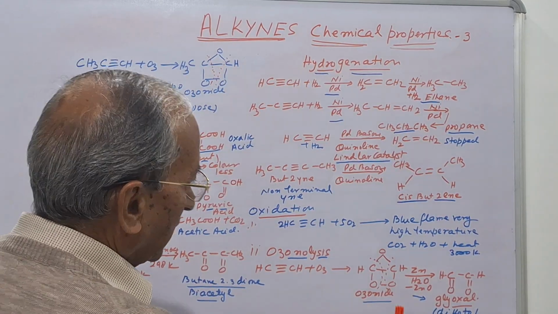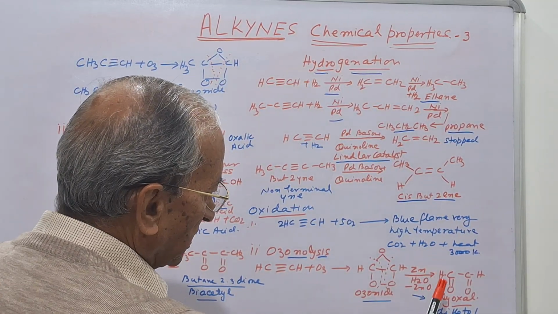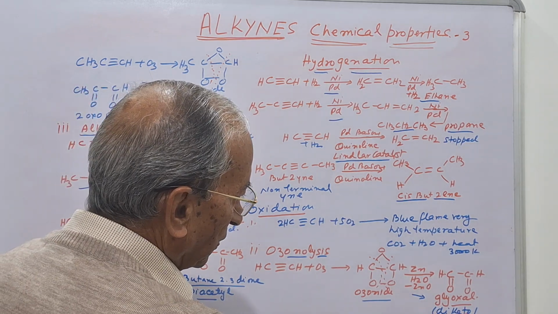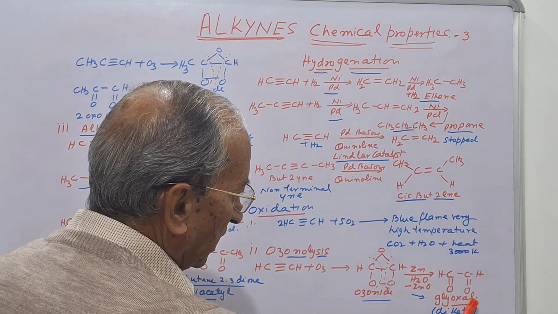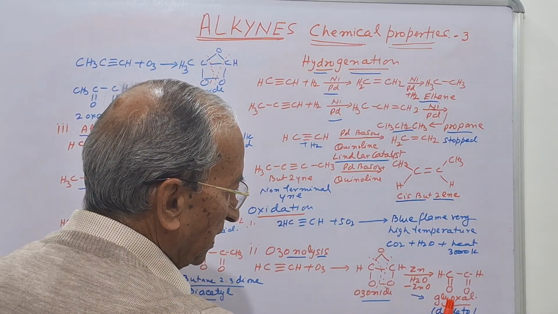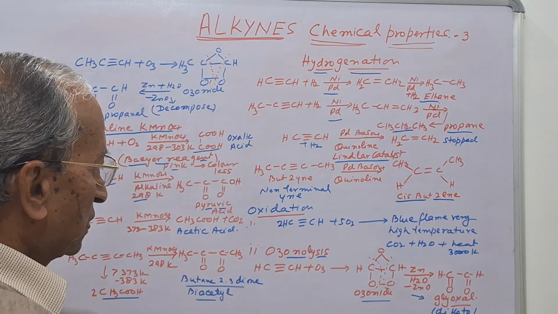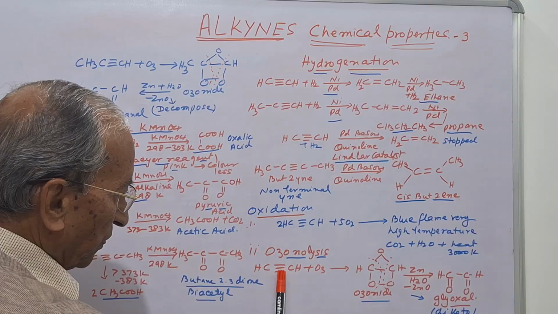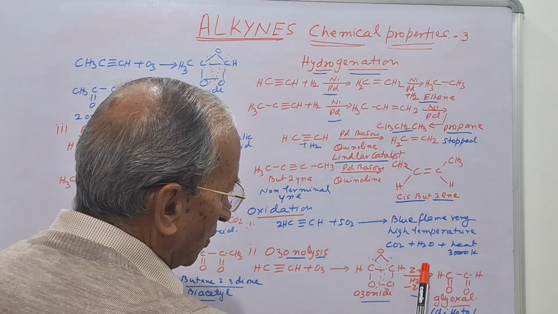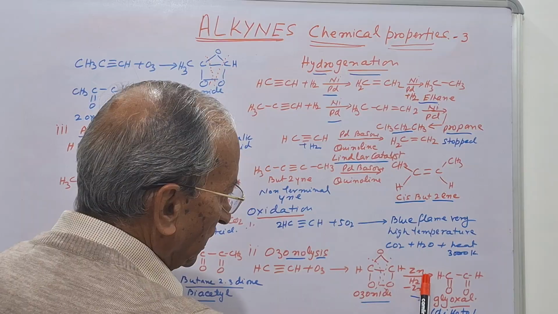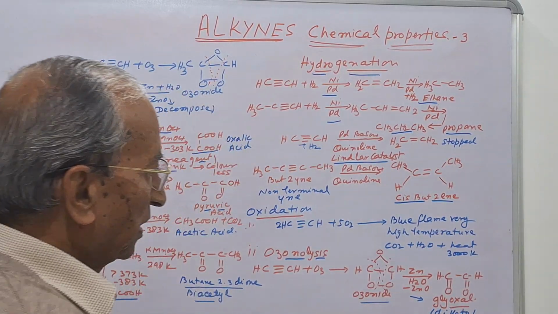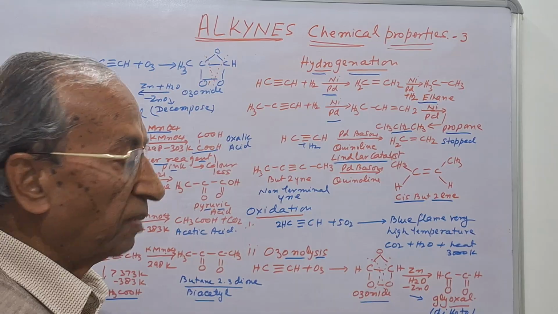which is further decomposed with zinc dust in the presence of water. It forms the diketo compound, that is glyoxal. So ethyne reacts with ozone and is then decomposed with zinc dust in the presence of water. It forms glyoxal, that is the diketo compound.